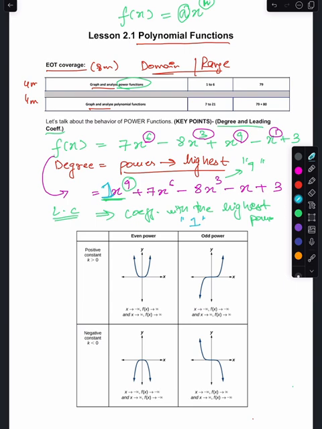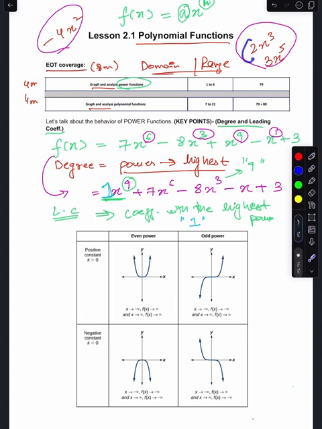So based on this leading coefficient and degree, we can define the type of a power function. So there are two types a degree can be. Examples can be like 2x cube or 3x power 5 or minus 4x power 2. All these are power functions only. But now what is the difference?